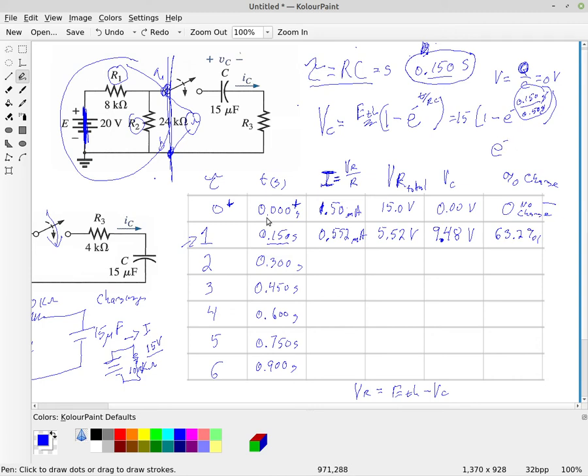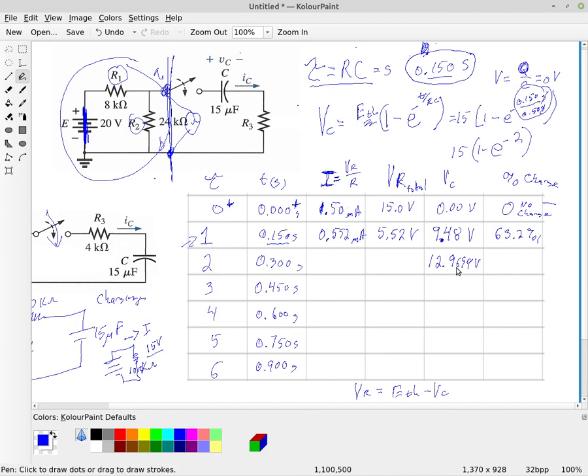All right, but now we're at the second time constant, so it's going to be 0.300 divided by 0.150, which is simply e to the minus 2. So we get 15 volts times 1 minus e to the minus 2 at the second time constant. And that gives us the voltage across our capacitor, which turns out to be 12.9699 volts.